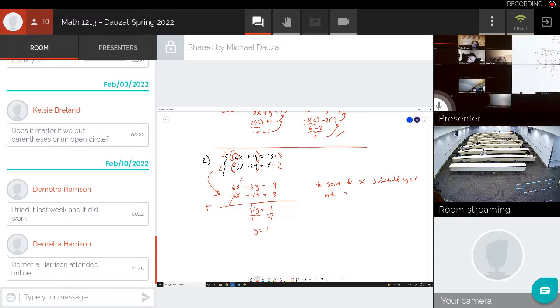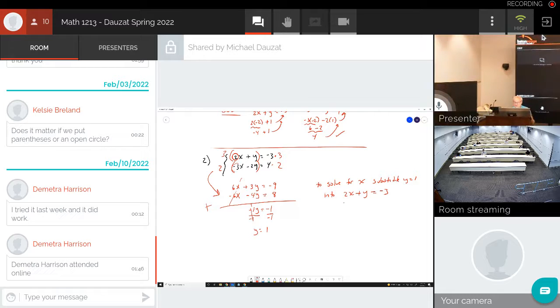The top one, so 2x plus y equal negative 3. All right, so y is 1, right? So 2x plus 1 equal negative 3. What's the next step? Solve for x. Subtract 1. Combine like terms, I get 2x equals, what's a negative 3 and a negative 1? So therefore, divide both sides by 2, what's x?